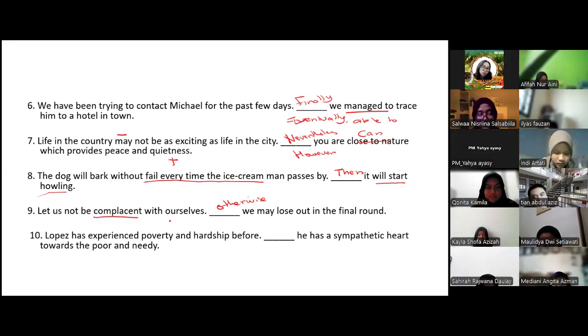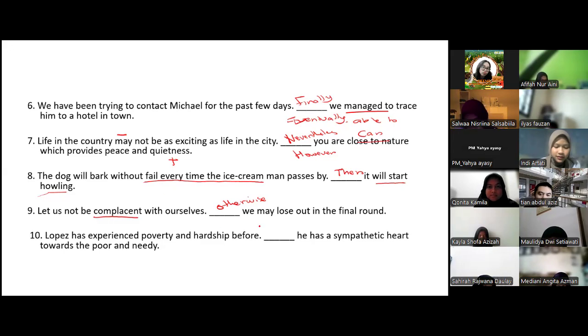So Elizabeth, okay, Elizabeth, please unmute. Lopez has experienced poverty and hardship before, so he has a sympathetic heart towards the poor and needy. Okay, you choose to use so. Actually, so is normally used to combine two sentences into one sentence.